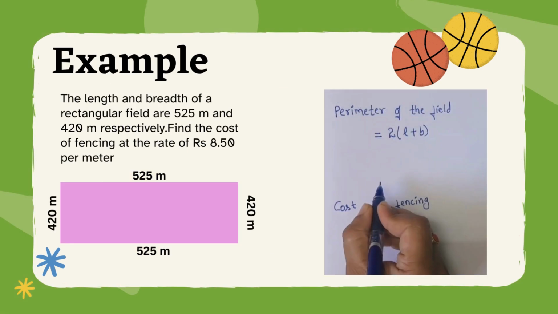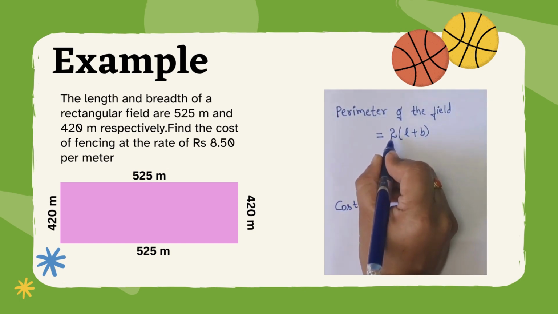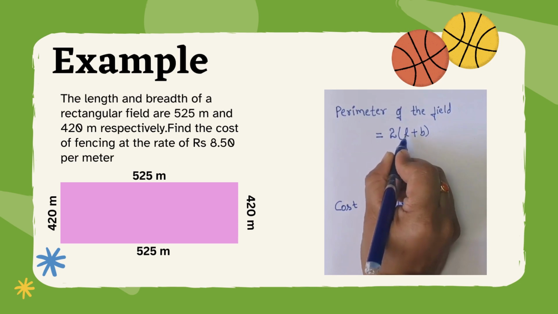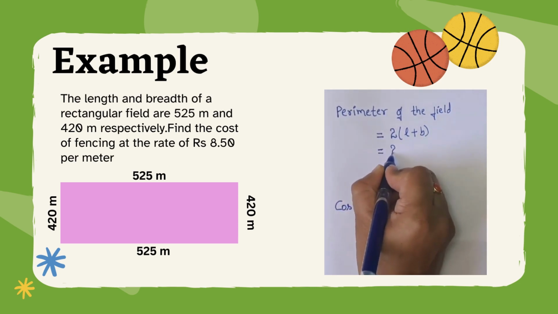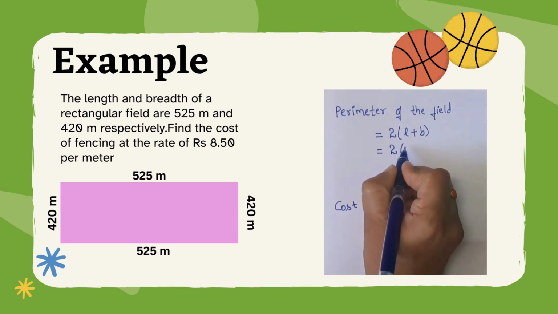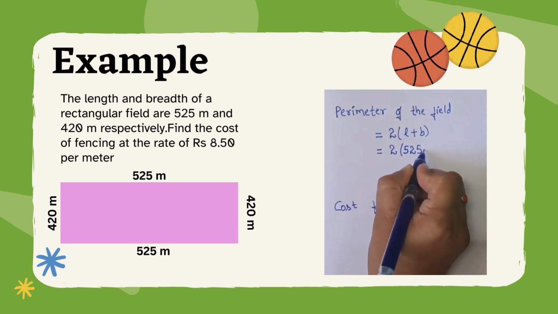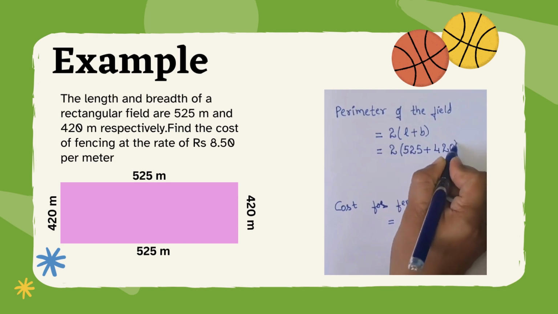meters. Perimeter of the rectangular field is equal to twice the sum of length and breadth. Here, the length of the rectangular field is given as 525 meters and breadth is given as 420 meters.